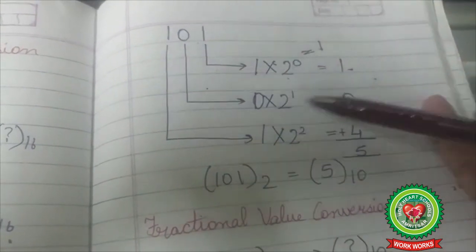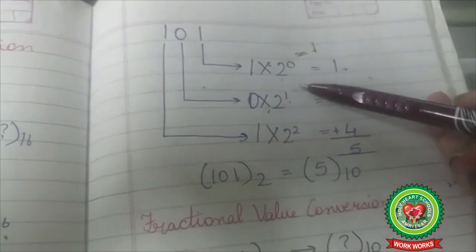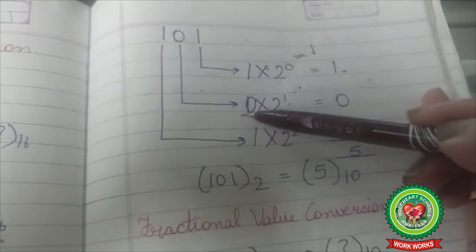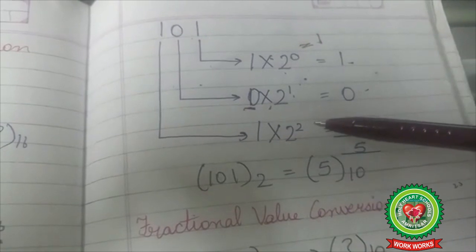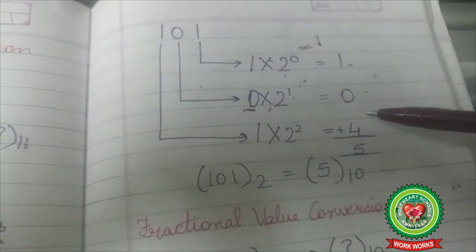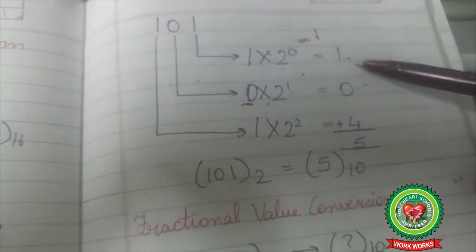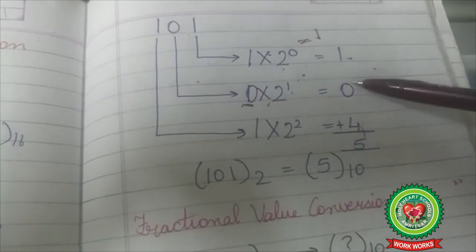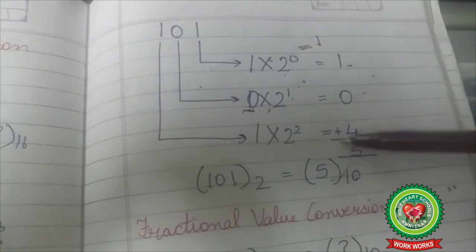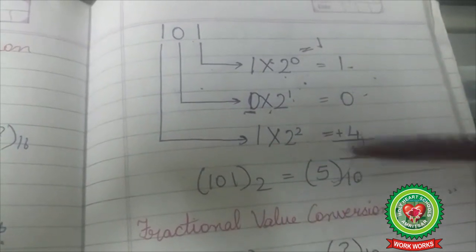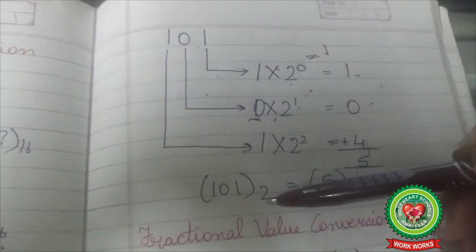Next, 0 multiplied by 2 raised to power 1. Anything multiplied by 0 is 0. 1 multiplied by 2 raised to power 2 is 4. So at the end we are going to add these all. 4 plus 1 is 5. So 5 is the equivalent decimal number for the binary number 101.